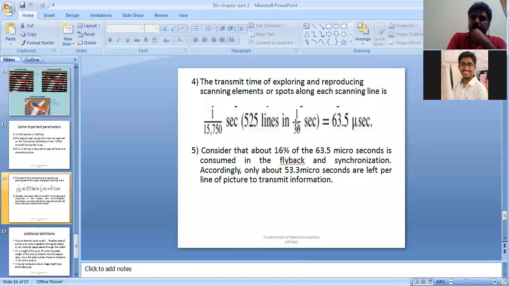What will happen is 1 divided by 525 into 30. It has to be a very small value. We should not multiply; rather, this 525 should come in the denominator. 1 divided by 525 into 30 will be the time requirement for sending one horizontal line.